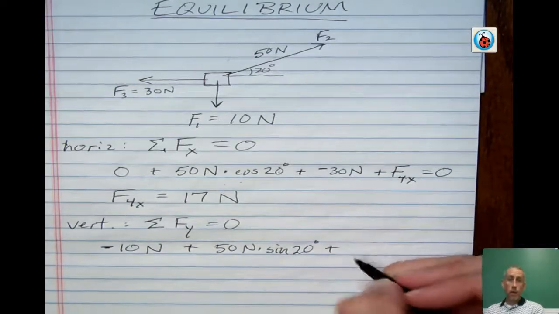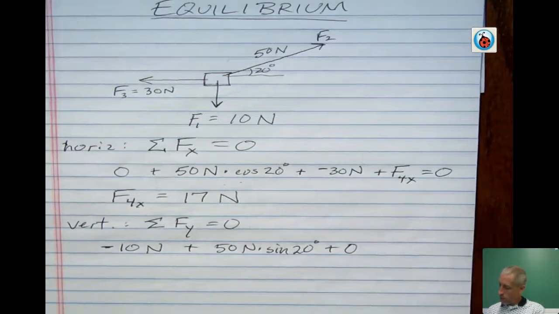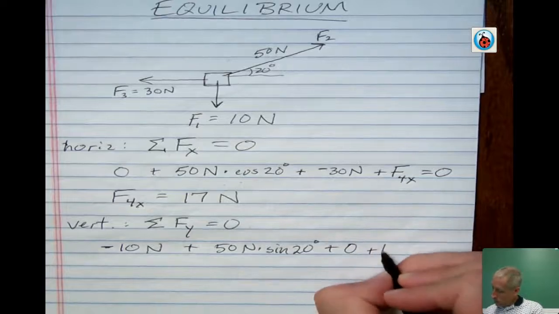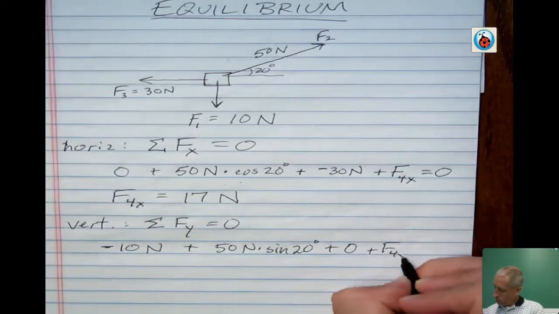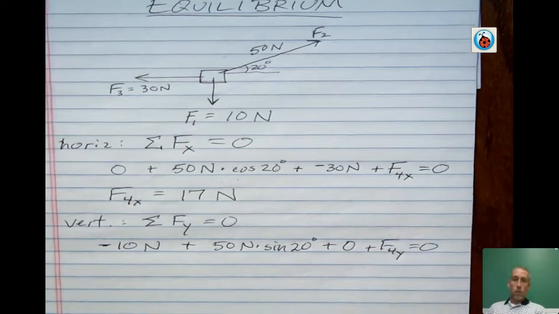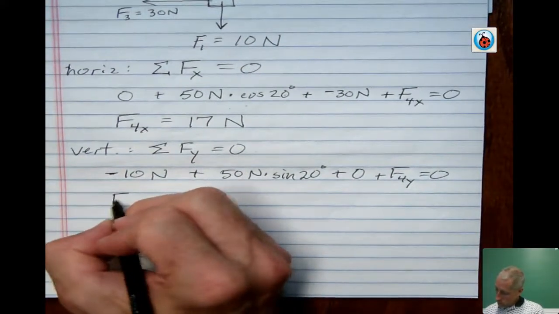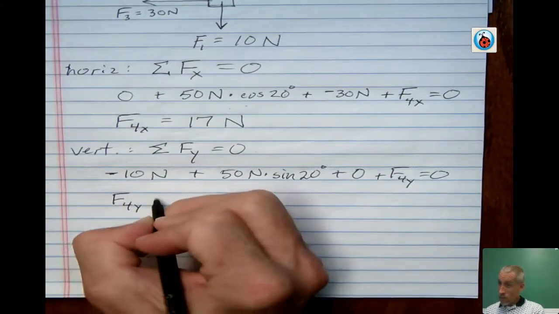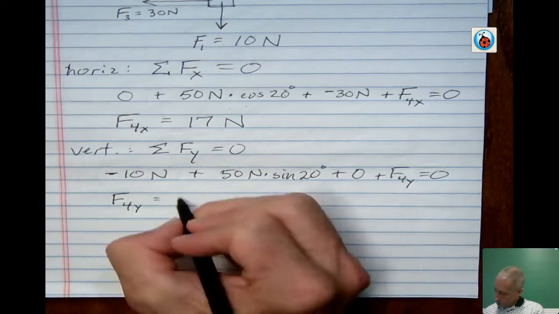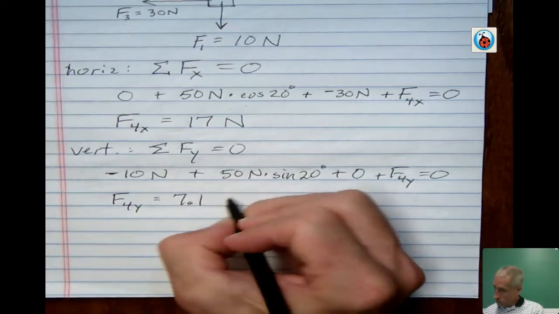F3 is completely horizontal, so it has no y component. And then my unknown, the y component of F4, is what I'm looking for to total up to be 0. And so that y component comes out to about 7.1 newtons.